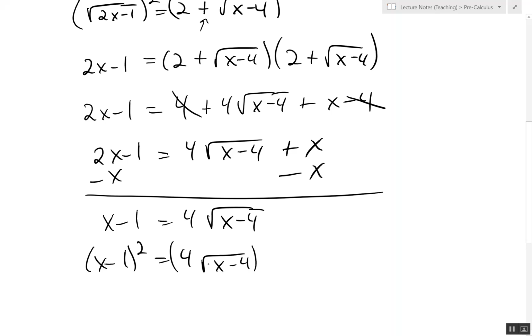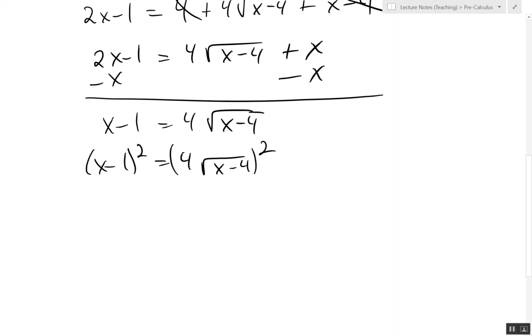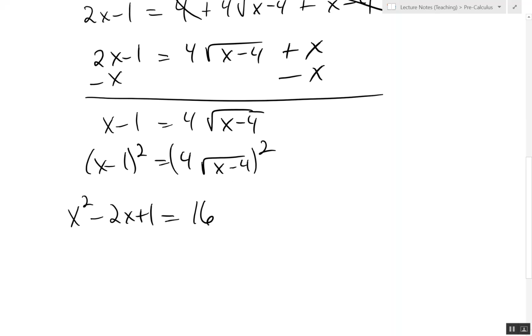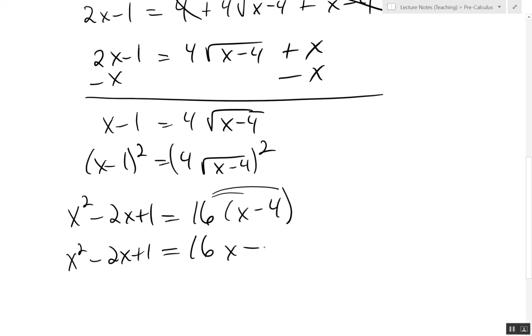remember that the square will distribute to both the 4 and the radical, so we'll just get x minus 1 squared, so that'll be x squared minus 2x plus 1, equal to 4 squared, which is 16, and the square and the square root cancel and give us the x minus 4. So next thing to do is distribute the 16, so we'll get x squared minus 2x plus 1, and this is equal to 16x minus 64.